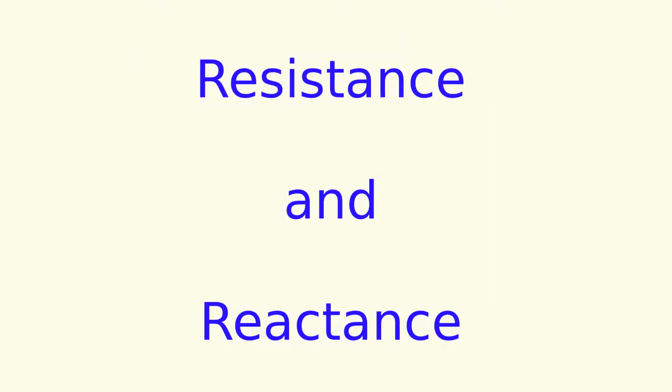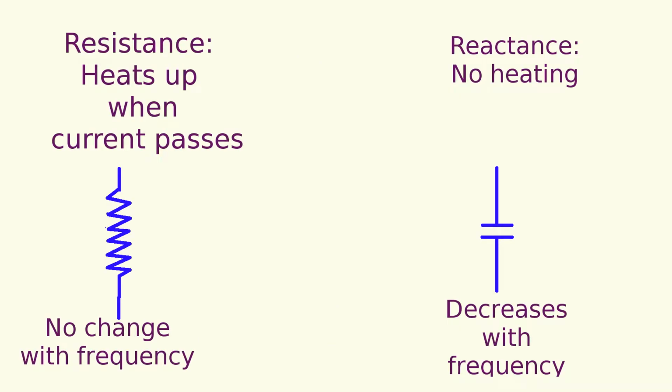Resistance and reactance. In the resistor case, we talk of ohms of resistance. To distinguish the capacitor from the resistor, we talk of ohms of capacitive reactance.